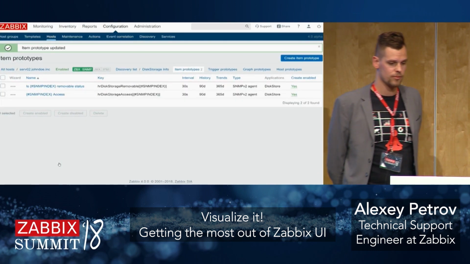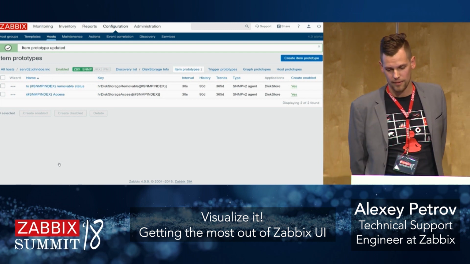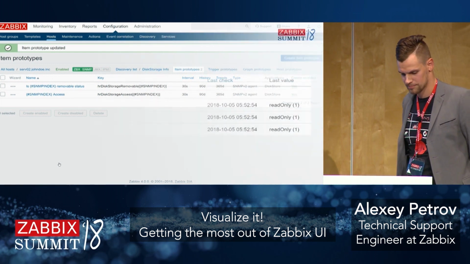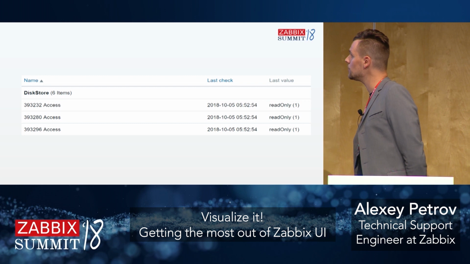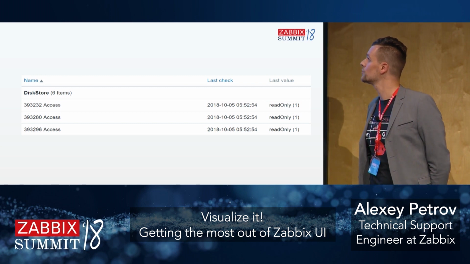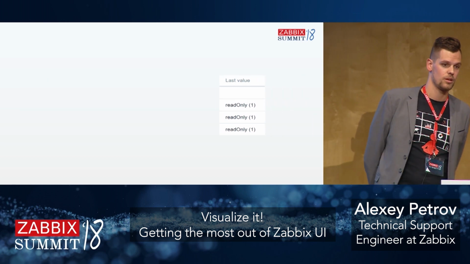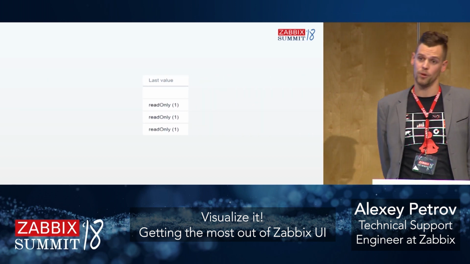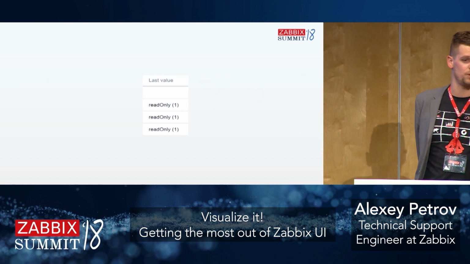Update this one. And that's it. Once it's updated, you will be able to find this information in your latest data. But in the database, it will still be the same.